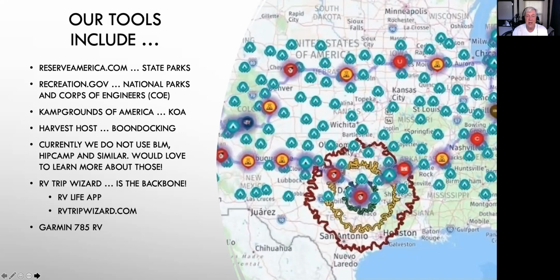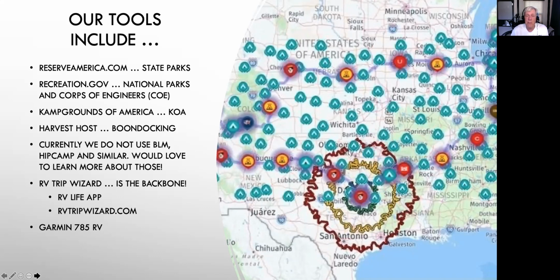And RV Trip Wizard is the backbone of the planning process and the booking process that we use. If you want to find the app on your cell phone, it's going to be RV Life. Within RV Life, there are a number of different cool resources, if you will, but you will find RV Trip Wizard inside of RV Life on your phone.